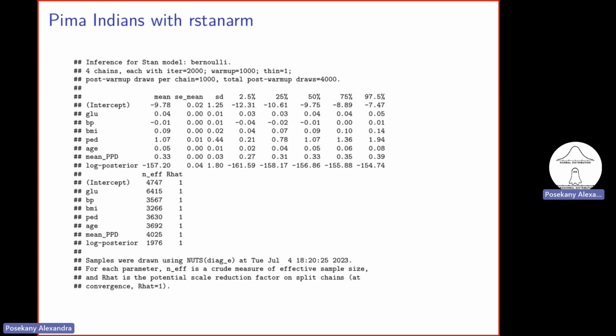And then there's the not so nice ones, like the BMI, where I have this reduced to only 3,200 out of 8,000. So this means 2 out of 3, more or less, have this dependence problematic. So here, in order to work with that thing properly, you would have to thin the chain and keep only every third value to really break this dependence.